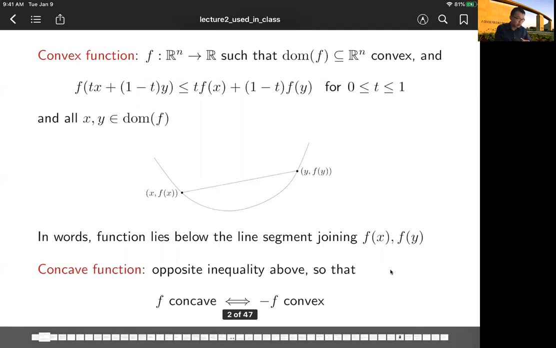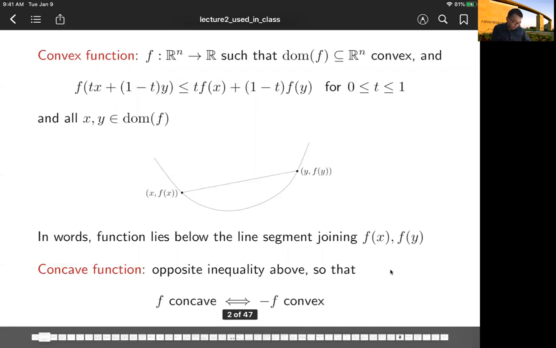The linear interpolation is on the right-hand side of the inequality, and on the left-hand side is the evaluation of the function somewhere in between these two points. If this condition is satisfied for any two points x and y in the domain, then we say this function is convex.